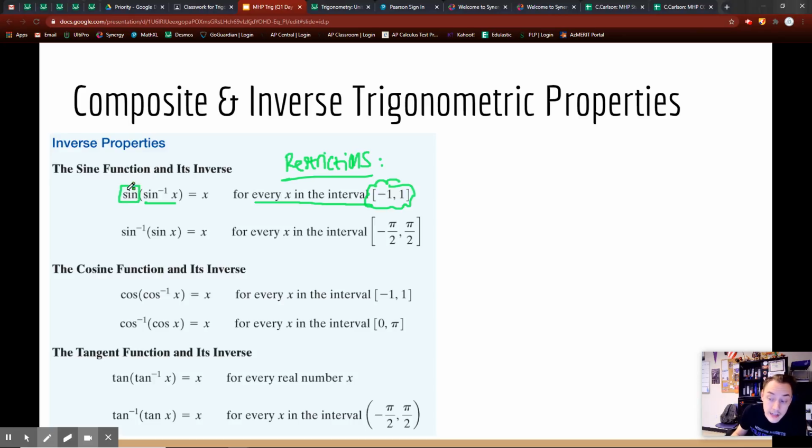You are going to have to abide by the range of the outside function. So if this was like 5 right here, first of all, you can't take an inverse of 5. You can't have an output of 5 on sine, because that's not a ratio. It's past the output, and the output in this case is your range.